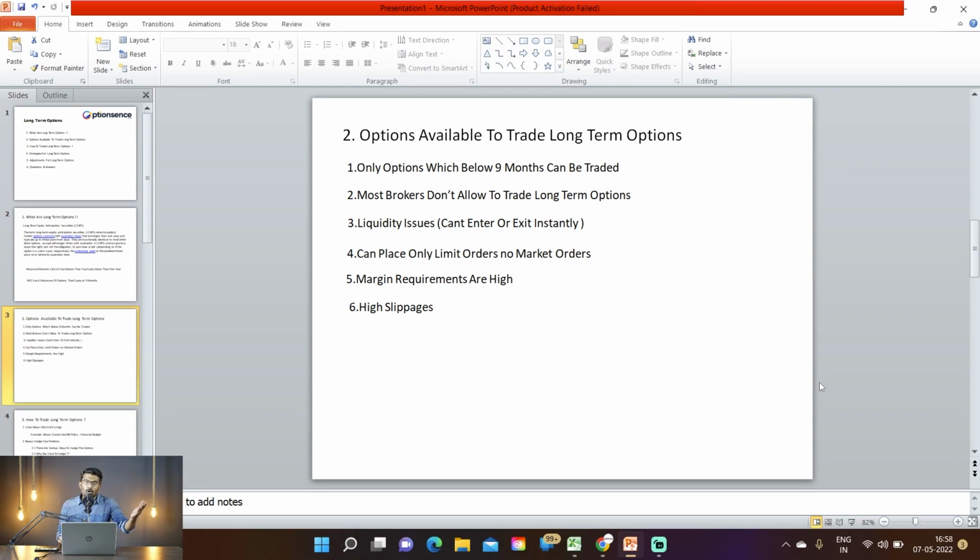But when it comes to long-term options, you cannot do it immediately. You will have to place a limit order and wait for that price to be filled. So this is the difference between weekly and monthly options. You will have to remember all these things when it comes to trading long-term options.